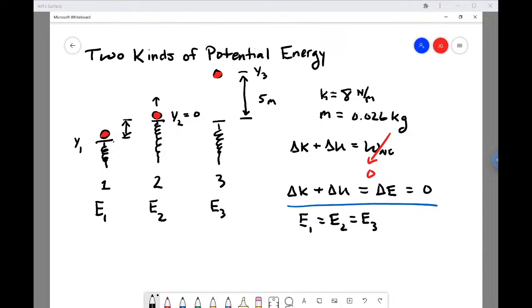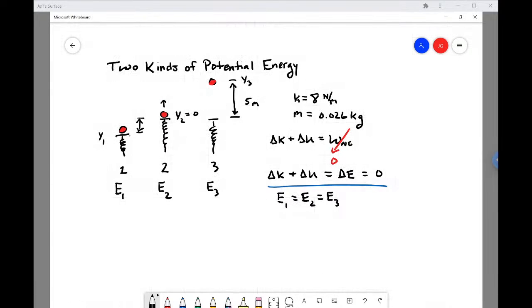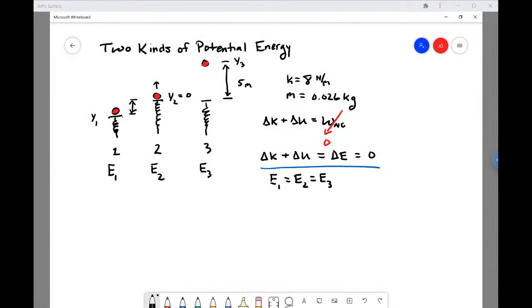Okay, and at this point, make things a little smaller, I could say, well, E1, what's the energy at moment 1? Well, we have potentially two kinds of energy, kinetic and potential. So the mechanical energy at point 1 is the kinetic energy at point 1 plus the potential energy at point 1. Well, at point 1, the projectile isn't moving yet, so it doesn't have kinetic energy.